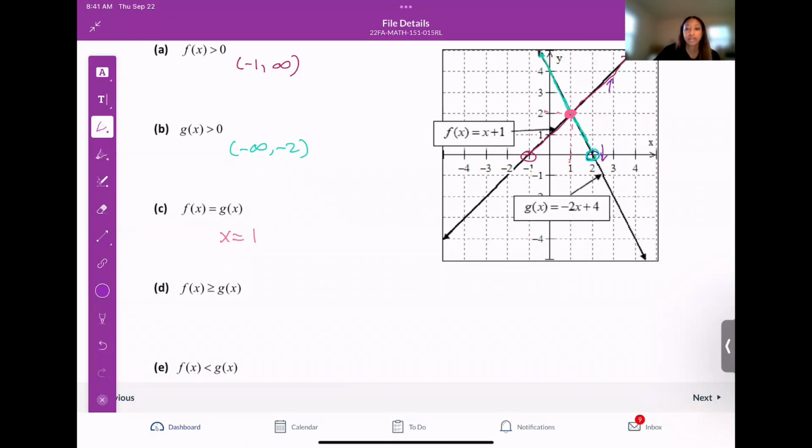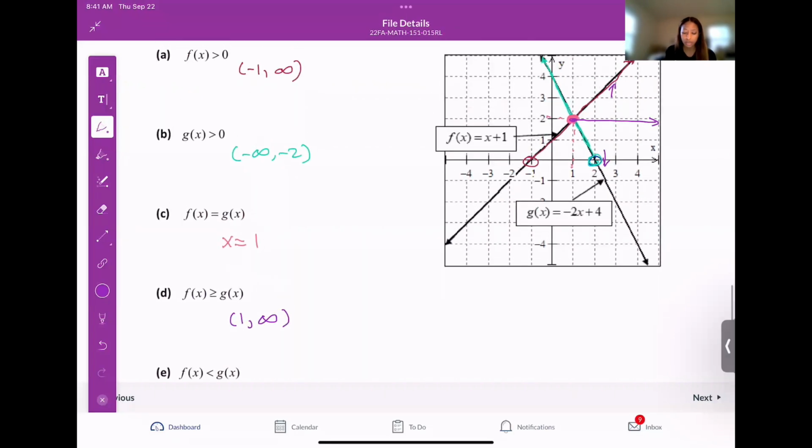That means we're looking at x values bigger than 1. So from x equals 1 all the way on, f of x is greater than g of x. So our solution there in interval notation would be from 1 to infinity.